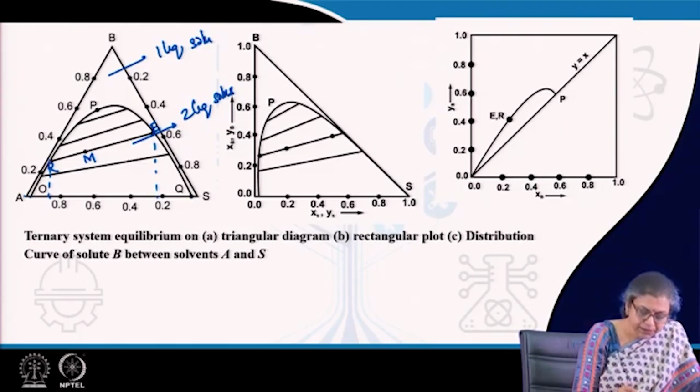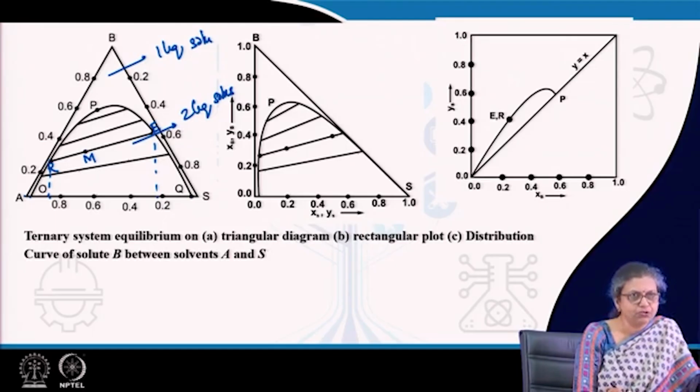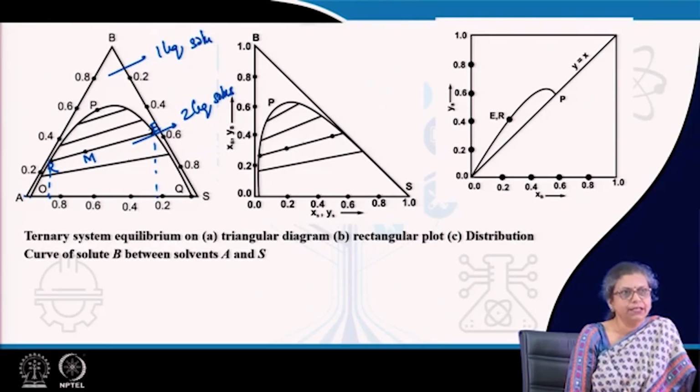This line, which represents the raffinate and extract composition in equilibrium to the overall composition of the liquid mixture, is known as a tie line.